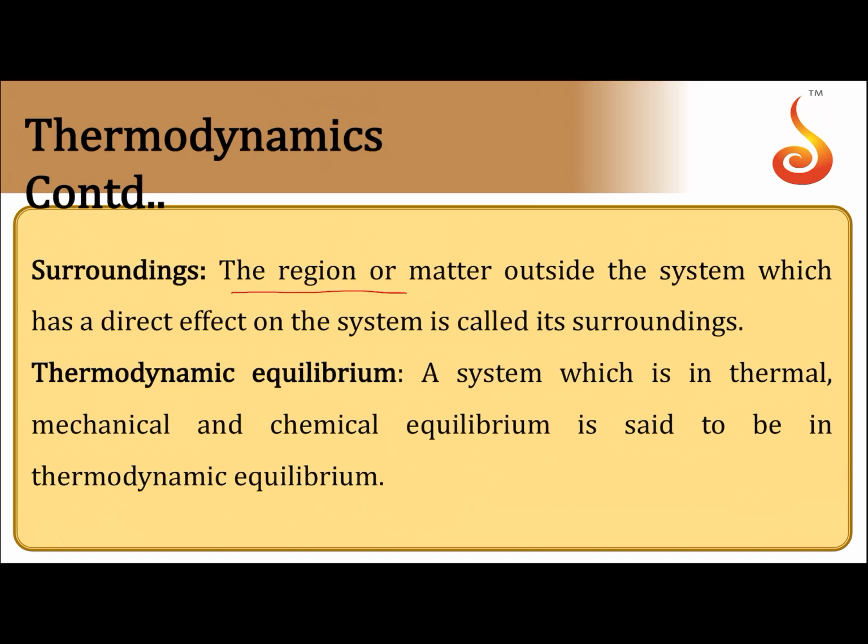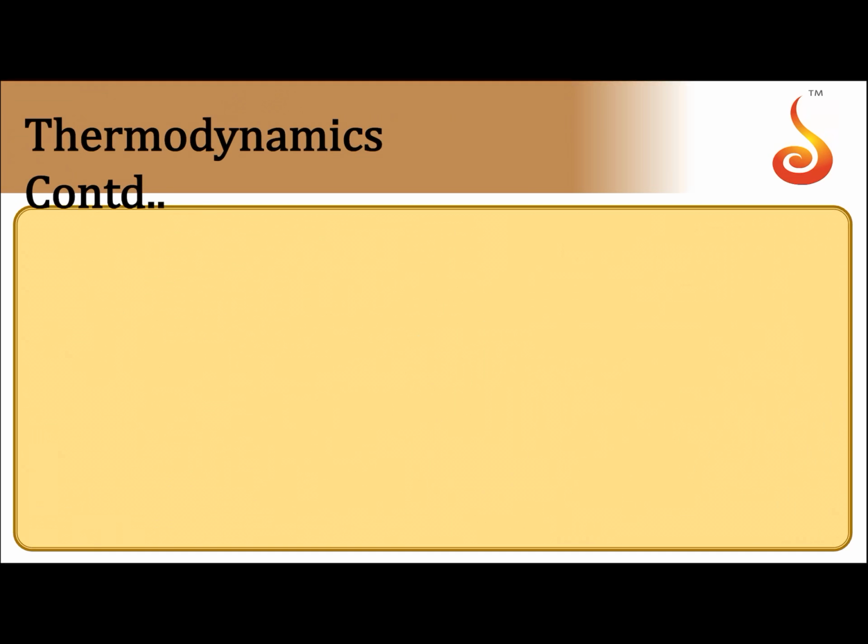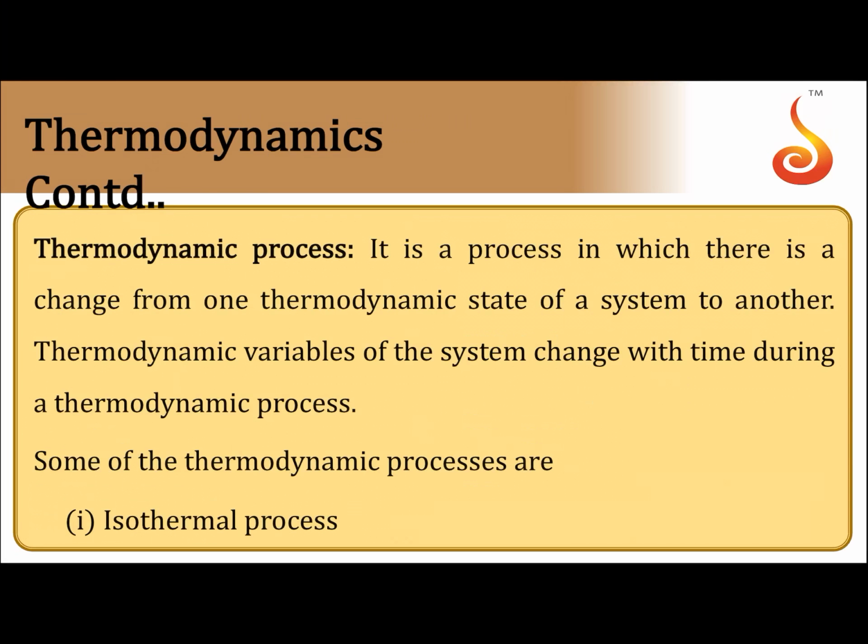Coming to thermodynamic equilibrium, a system is said to be in thermodynamic equilibrium if it is in thermal, mechanical and chemical equilibrium. Coming to thermodynamic process, it is a process in which there is a change from one thermodynamic state to another thermodynamic state.